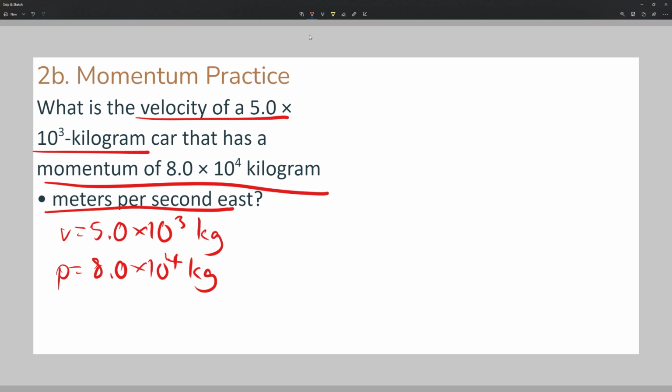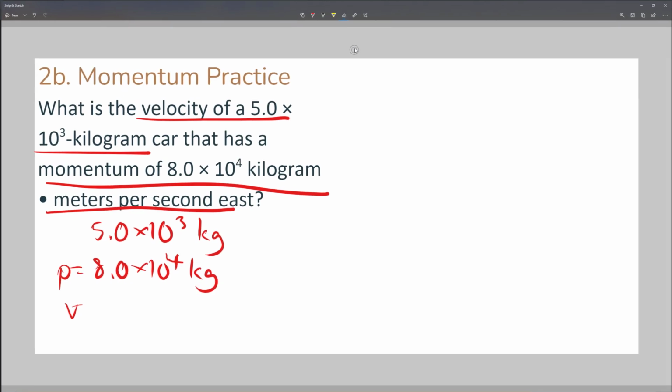I'm sorry, they're looking for your velocity. Even your teacher could make mistakes, I guess. That's not your velocity.